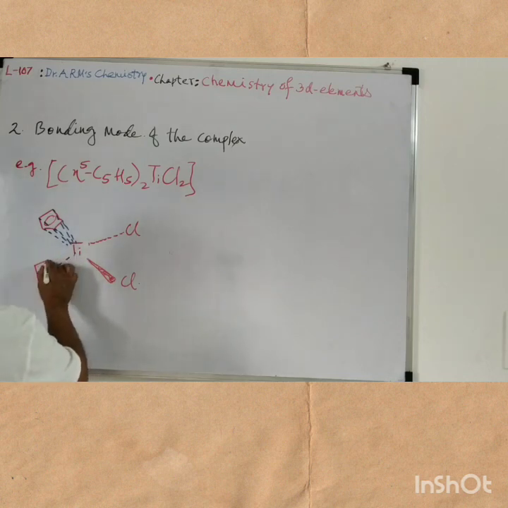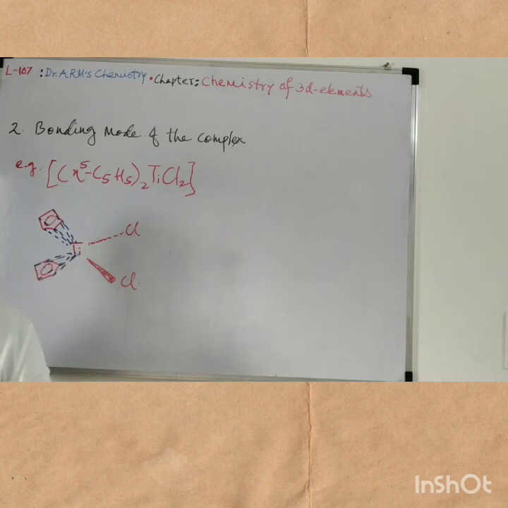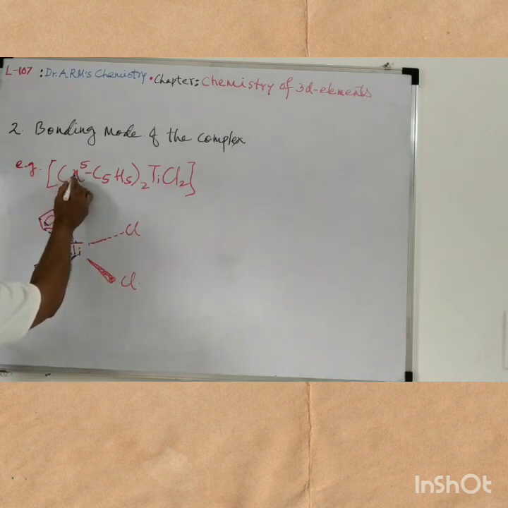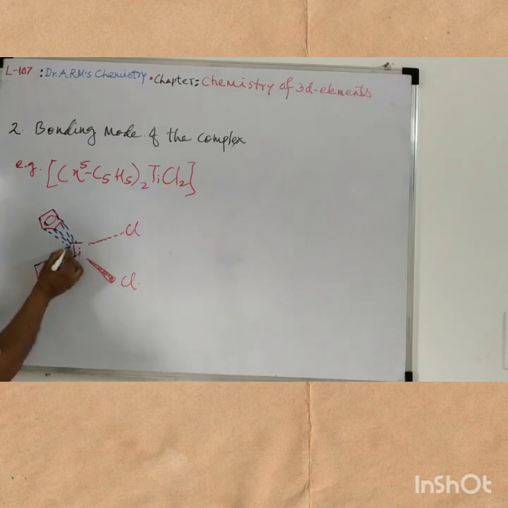Similarly 1, 2, 3, 4 and 5. So this is the structure of this complex. Here eta 5 indicates that this titanium metal is attached to or bonded to this ligand using 5 atoms or 5 points of attachment, and that is why it is shown as eta 5.